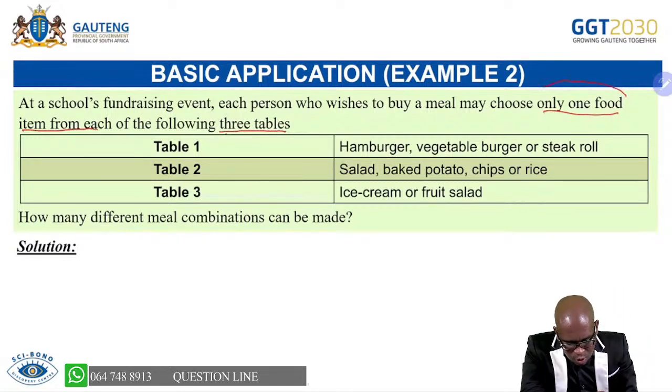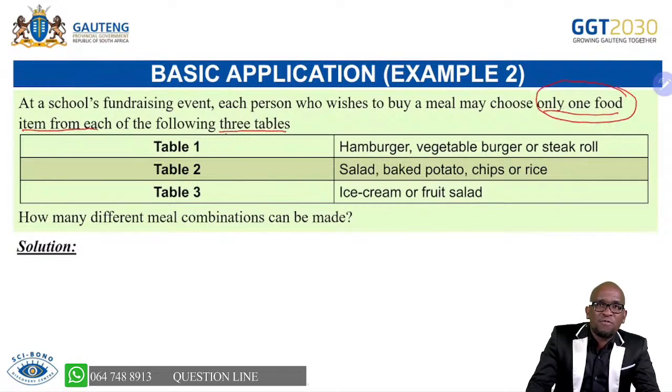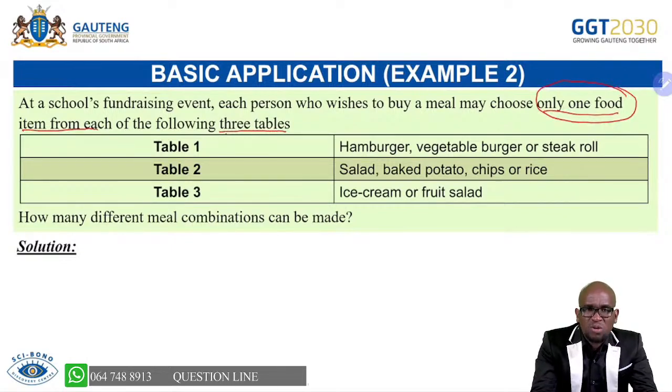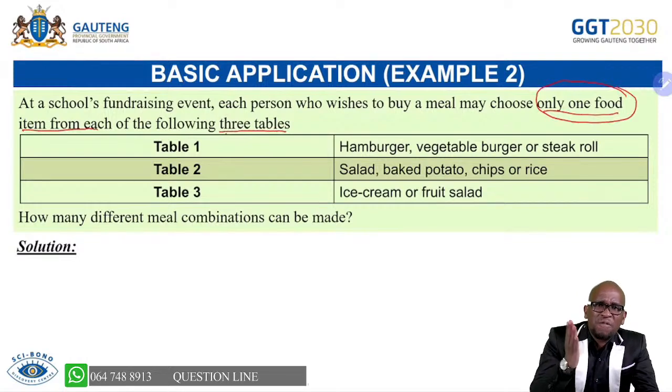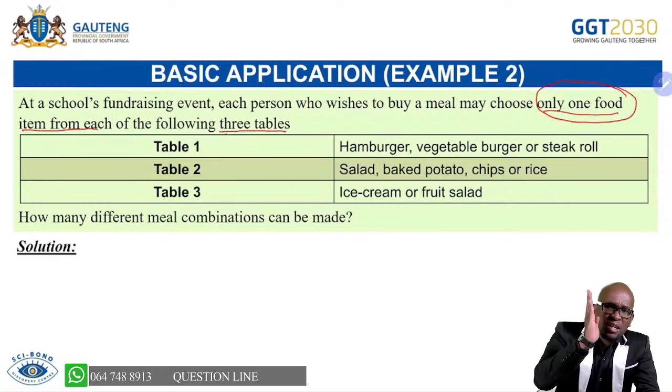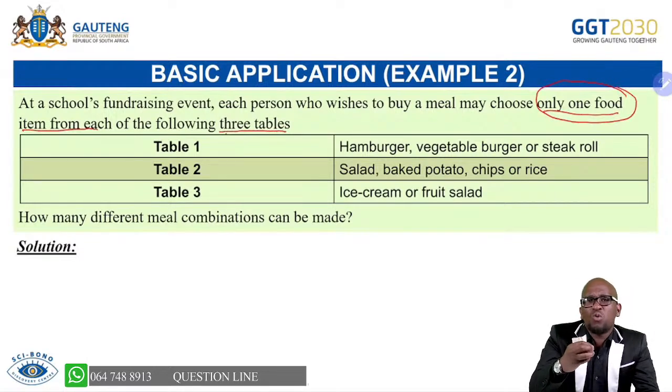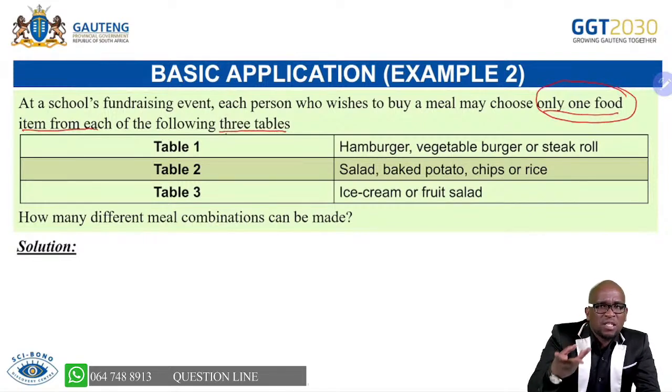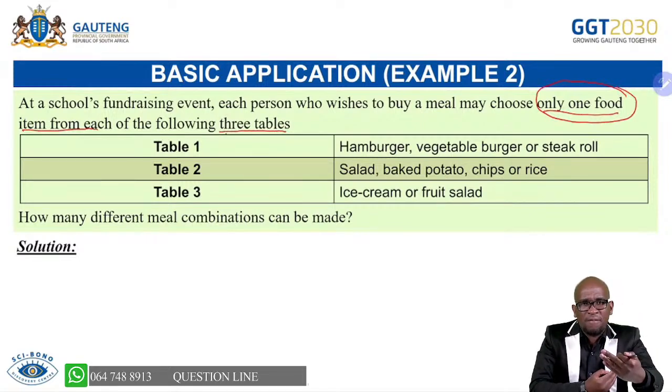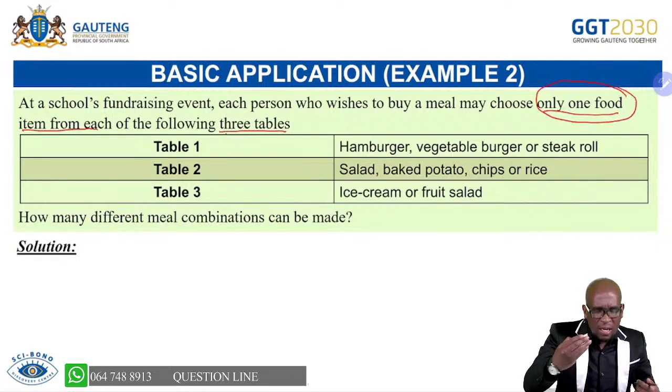But a person can only choose what? Only one food item. Now, what I like about this example is that it is going to show us the difference between the fundamental counting principle when we use the options and also making a particular choice. The choices that are available to us and making a particular choice.